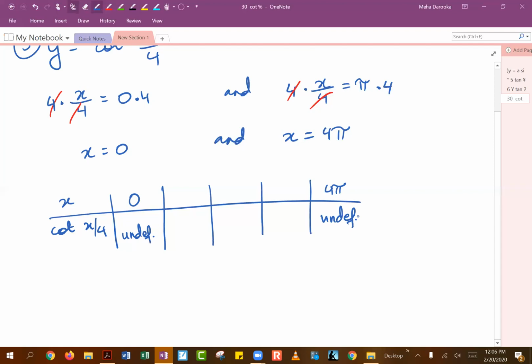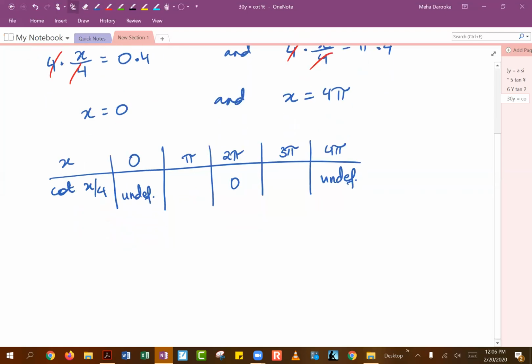So at 2 pi will be our x-intercept, so that will be 0. And what are those points we can use between 0 and 2 pi and 2 pi and 4 pi? Yeah, you can do pi and 3 pi. So what is cotangent of pi over 4 and cotangent of 3 pi over 4? 1 and -1?